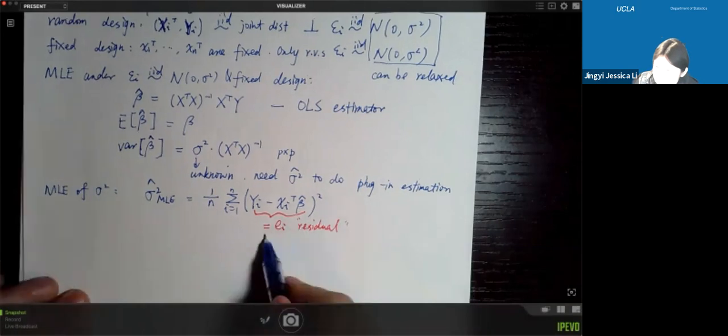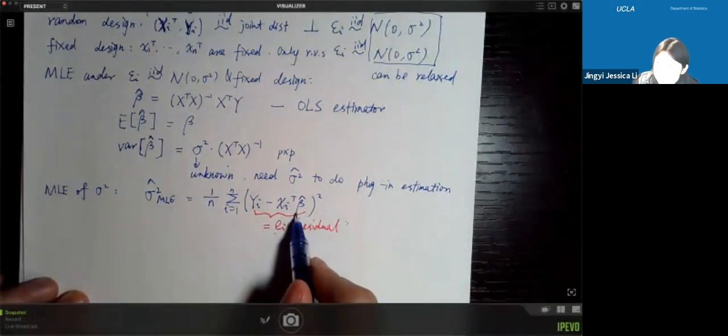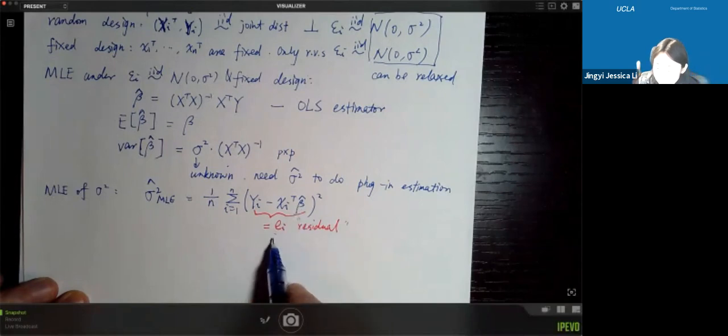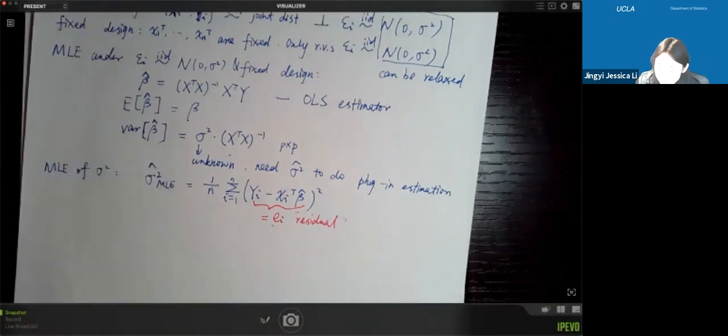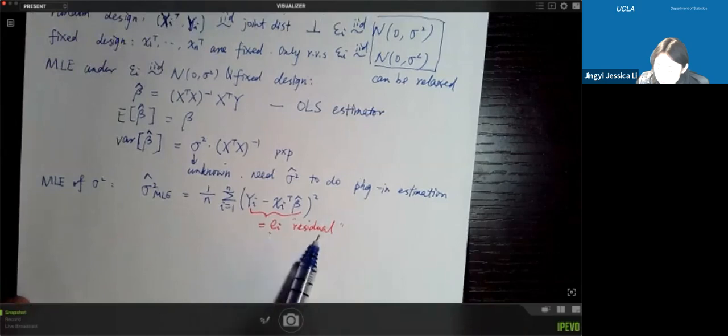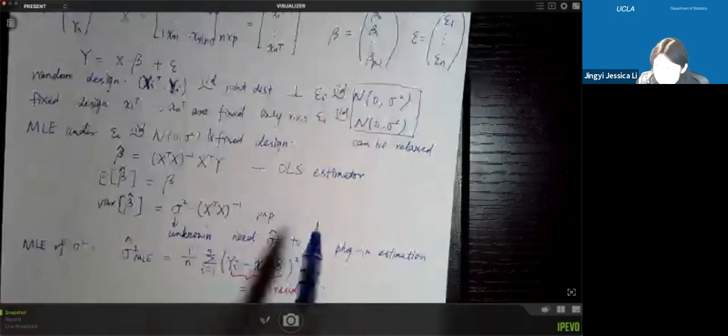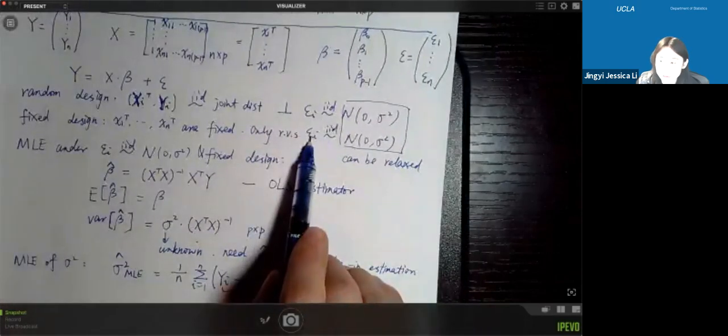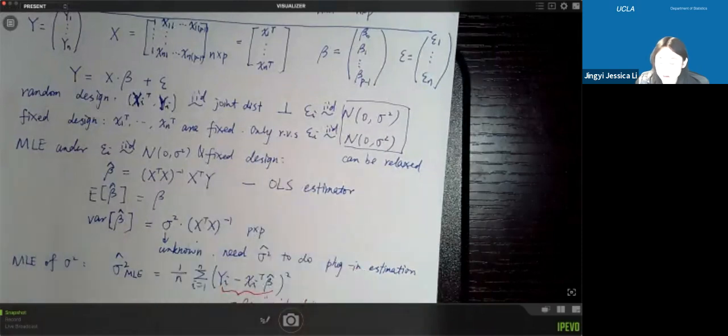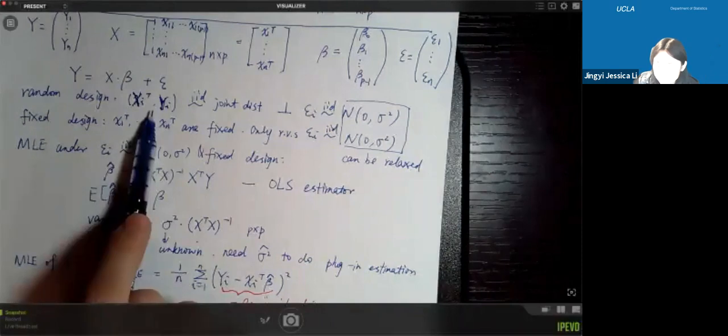The residual ei depends on our estimated parameter beta hat, and it is something we can observe, right? We fit a model to our data, and then we obtain the residuals. In contrast, the epsilon i's are not observable. They are just part of our model, and they are assumed random quantities. You will never observe them unless you know the true beta, but you don't.